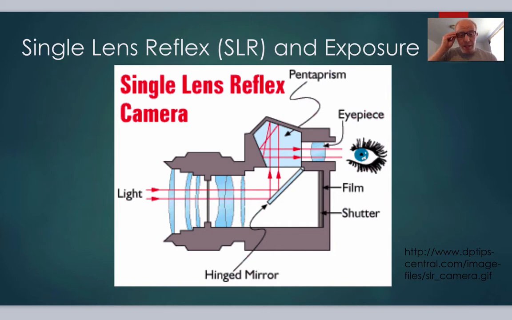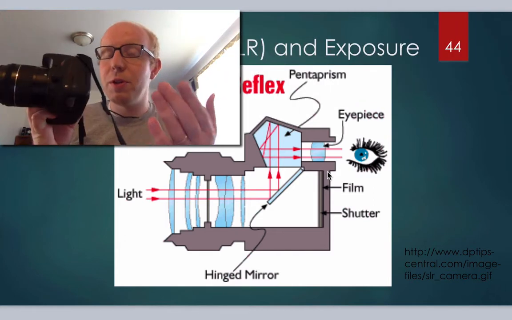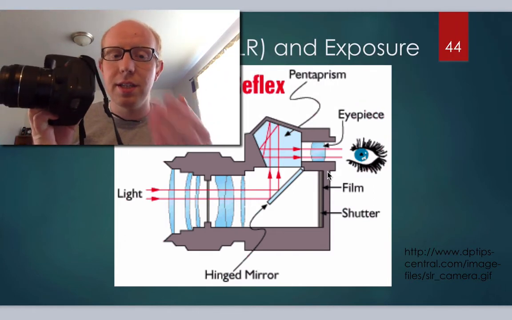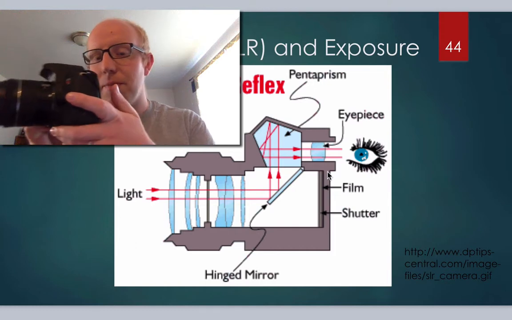And those lenses allow for all sorts of combinations of focuses and things like that. The most common kind of camera is called a single lens reflex. It allows all those lenses, it could be a combination of lenses or a single lens, to go through. And then there's a mirror. To show you what it will look like, here's my SLR, or what you would now call a digital SLR, a DSLR.